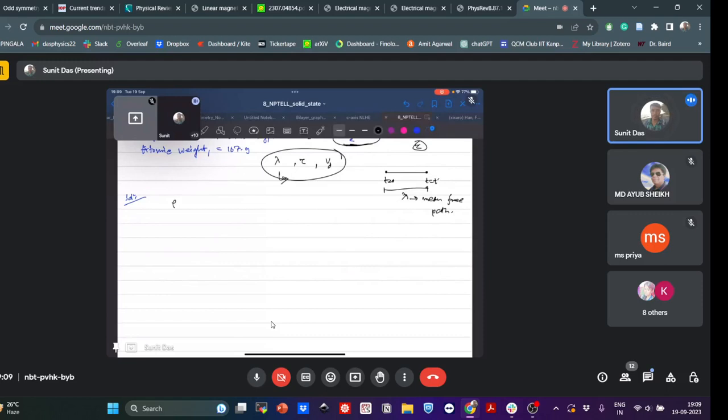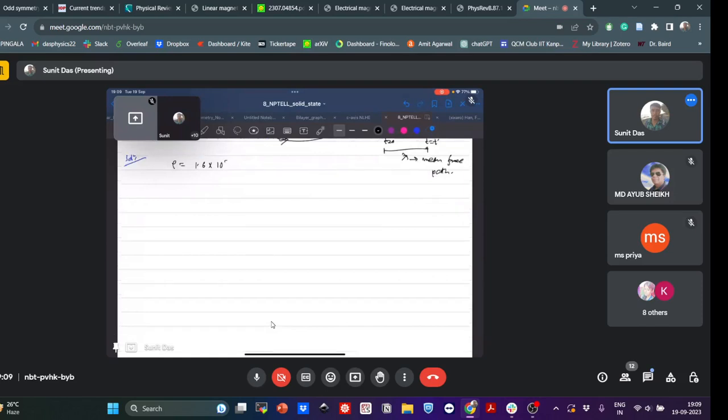So we have rho, then electric field 100 volt per meter, and the SI unit is ohm meter.